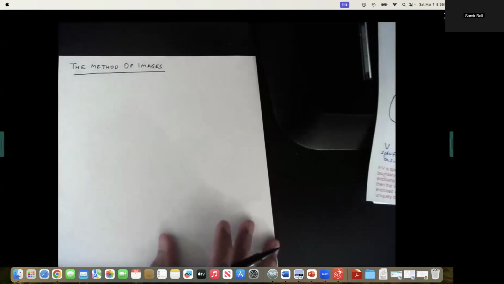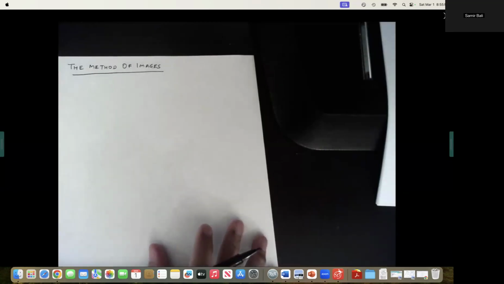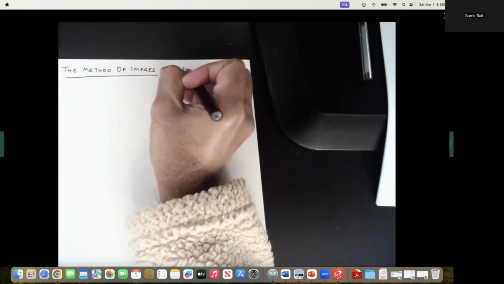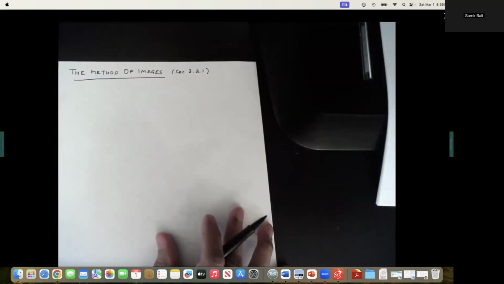But there are some easy situations, and the trick is to just remember these easy situations and apply them as is to some related, similar looking situations. And if you don't get success, then you move on to other methods. But anyway, it's good to know these. Whenever you take an advanced course, like in grad school, they will just assume you know these. So we have to do them.